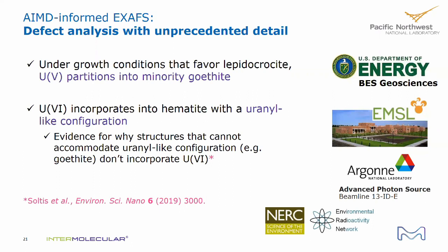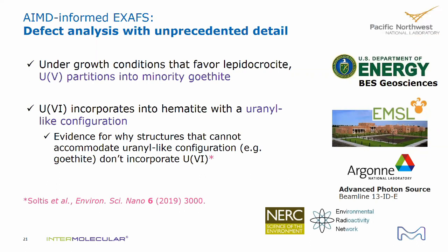Thank you. Welcome. I was really interested in the strong preference for incorporation into the goethite instead of the, I'm going to get the name wrong, lepidocrocite. Had there been some intuition that that might be the case based on wet chemistry experiments or some such thing?